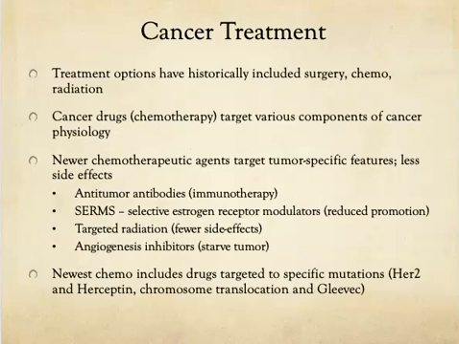There's another type of new therapy called SERMs therapy. SERMs stands for selective estrogen receptor modulators. Remember, we said estrogen is one of the natural hormones that acts as a tumor promoter. It acts to stimulate cancer cells to divide.